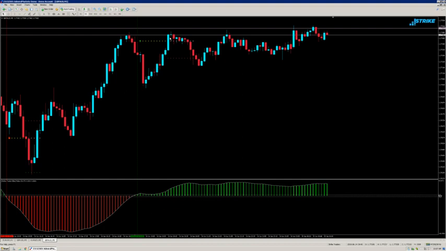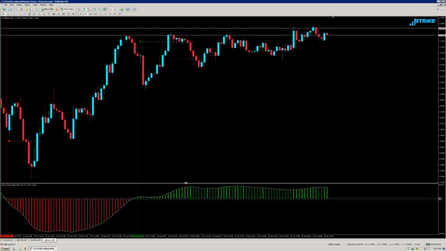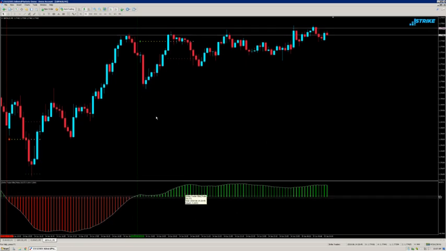Once we get some momentum to the upside, you start getting these green bars, and they're building up. The reading that you see down there is a complex mathematical structure that comes up with a visual reading, gauging the power in the moves.